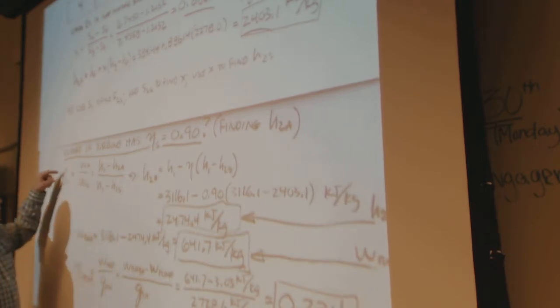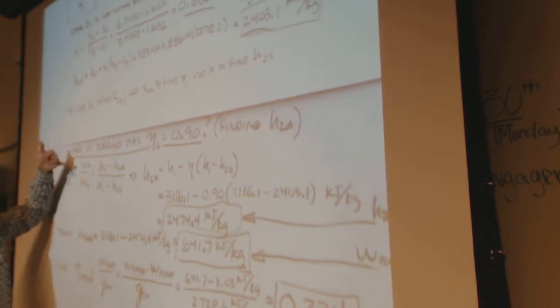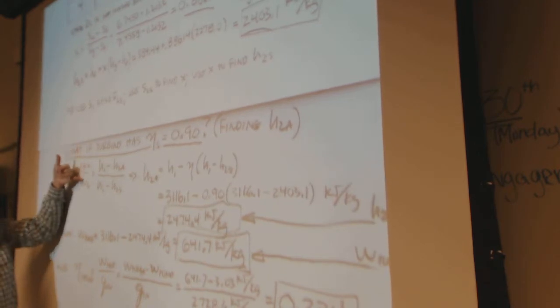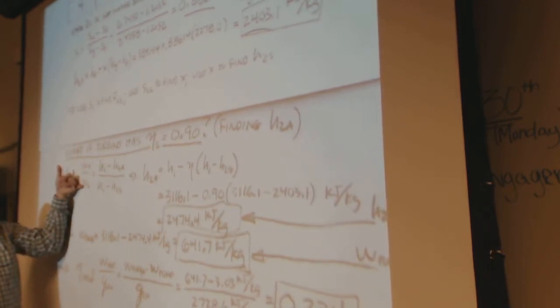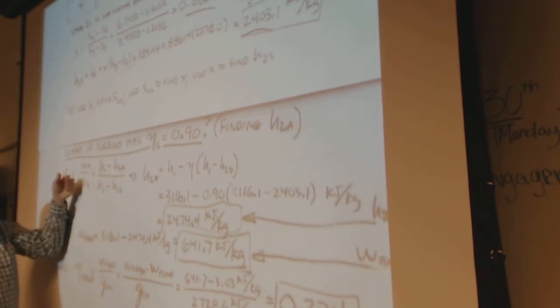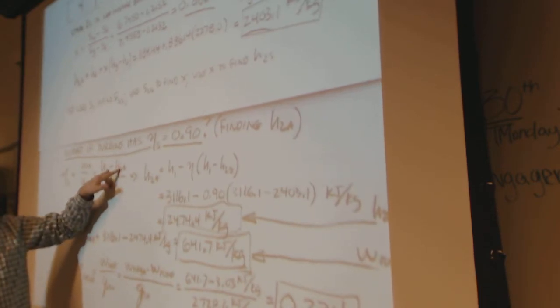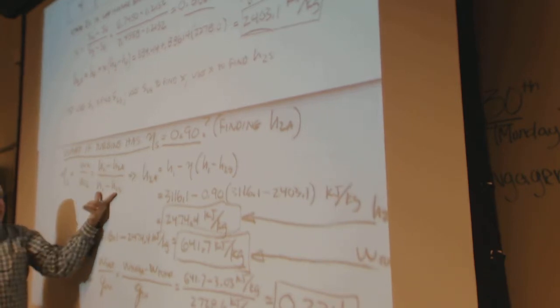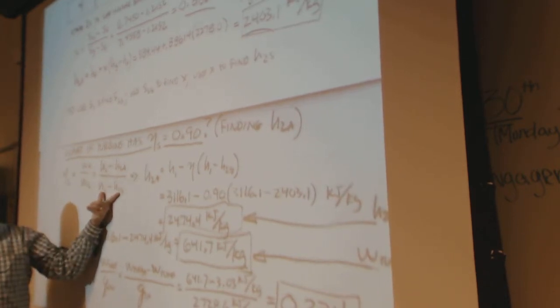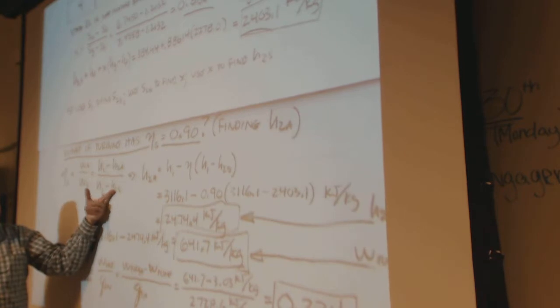So what does that mean? The isentropic efficiency is how much work you actually got done divided by your limit value, which is H1 minus H2 actual, that's how much work you got done, over H1 minus H2S. That was the one we just calculated.